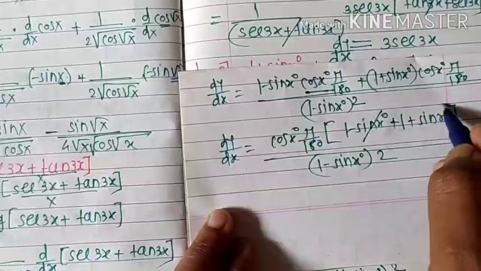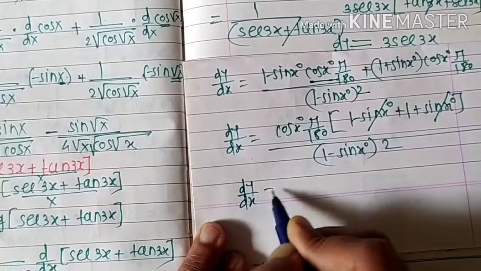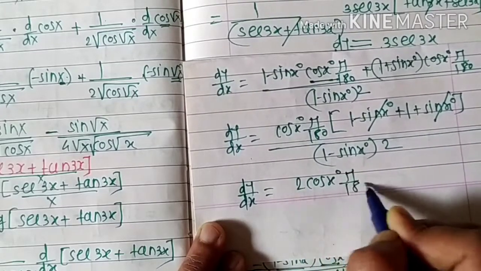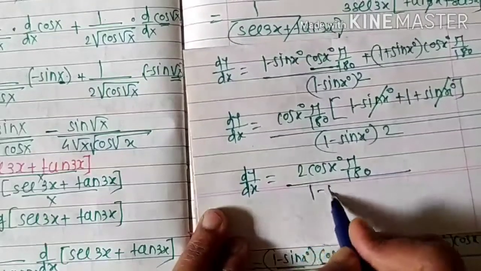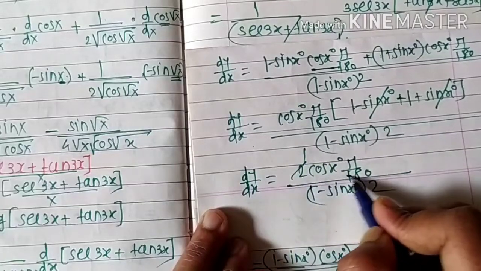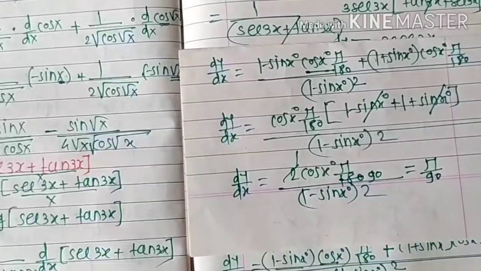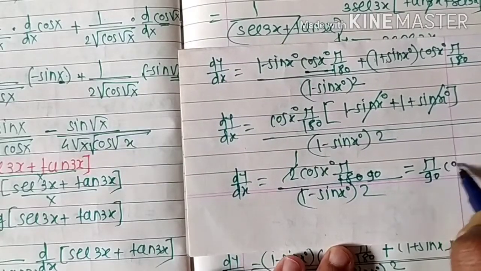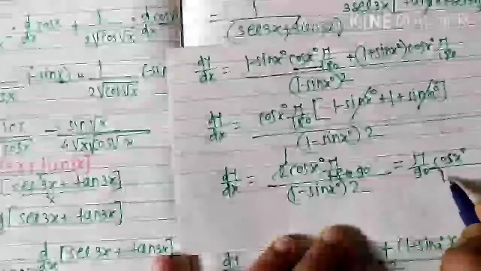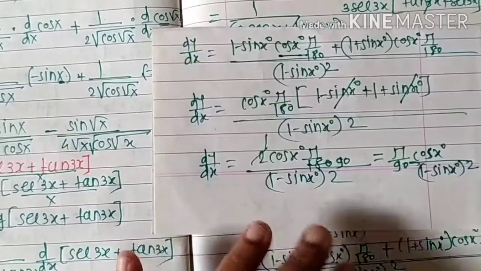Then this minus and plus get cancelled, 1 plus 1 is 2, so dy by dx is equal to 2 times cos x degree pi by 180 divided by (1 minus sin x degree) squared. Then this 2 is divisible into 180 to give 90, so we get pi by 90 into cos of x degree divided by (1 minus sin x degree) squared, which is the value of the derivative.